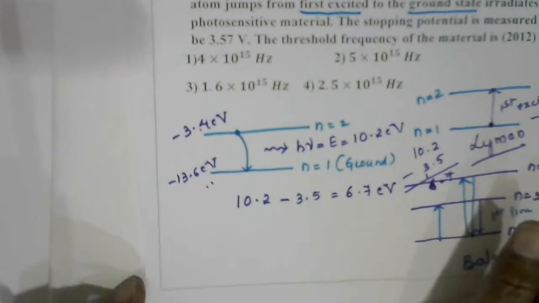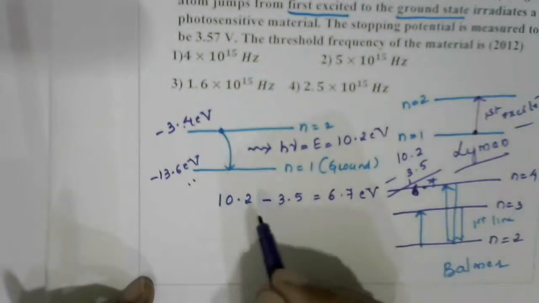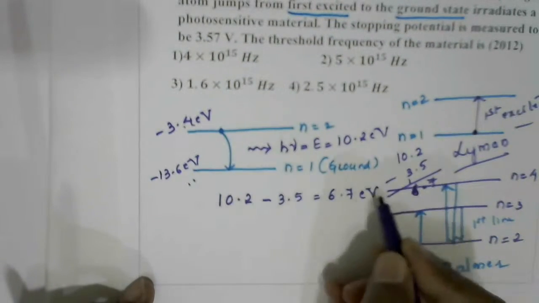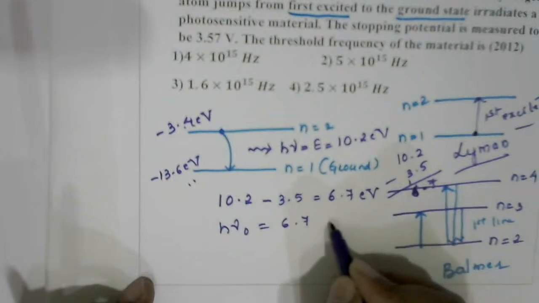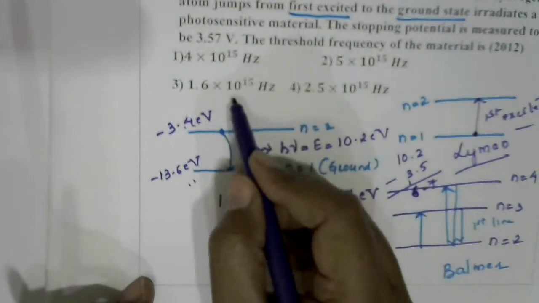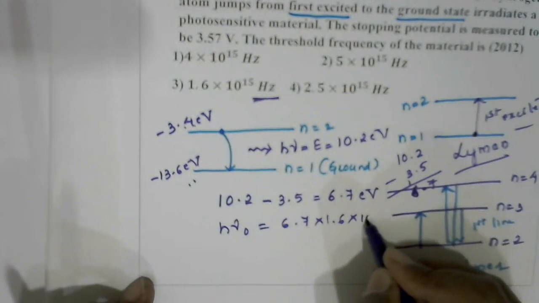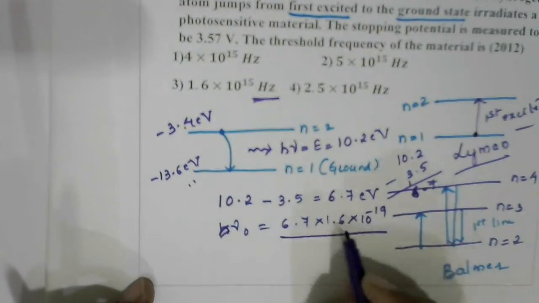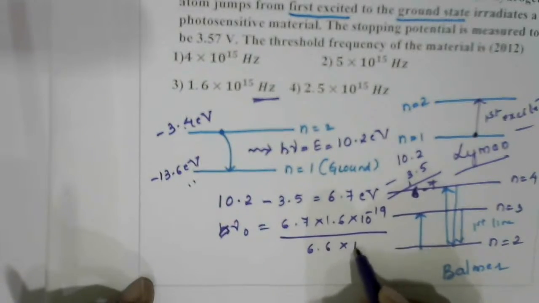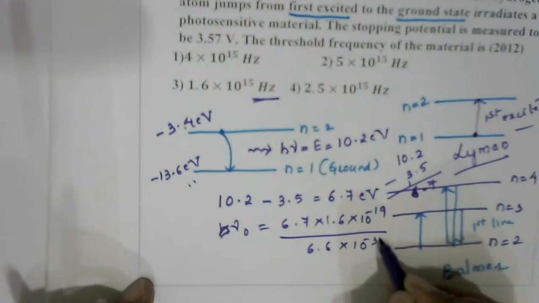That is the work function, but you need to calculate the threshold frequency. Hence h nu naught we got as 6.7 electron volt. You can multiply with 1.6 into 10 to the power of minus 19, because data is in terms of SI, and to get nu naught you divide by h, 6.6 into 10 to the power of minus 34.